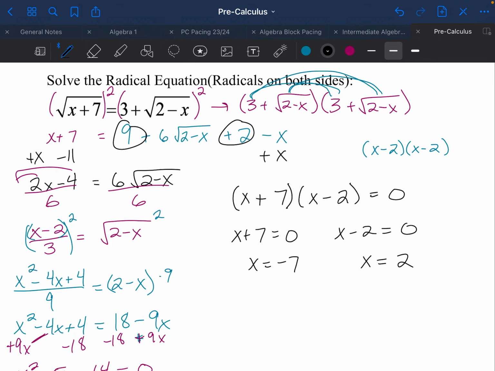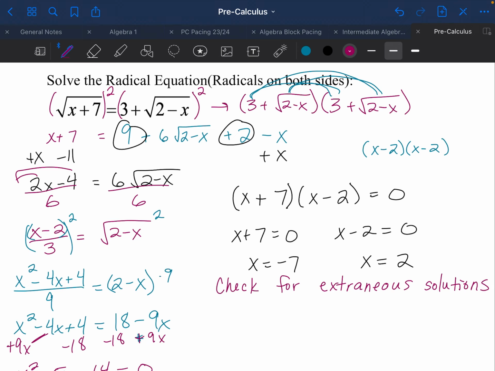So what we have to do is check for what's called extraneous solutions. Extraneous is just a fancy word for a trick solution. It looks like it's right, but it's not. It's going to give us an imaginary number.